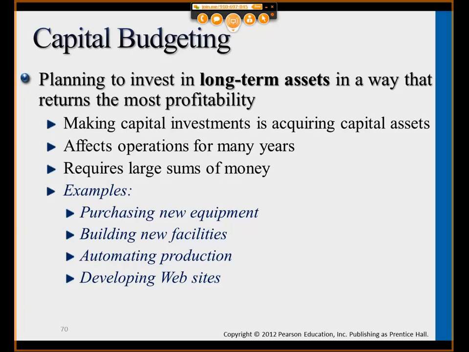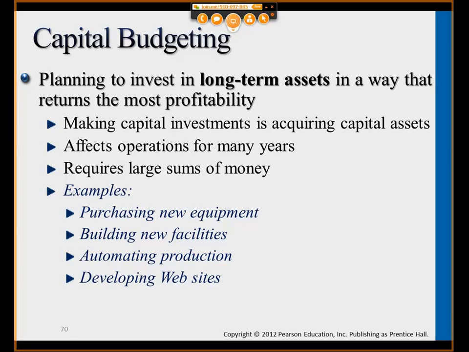So what are examples of capital investment? Usually buying new equipment or building new plants, right? Some production automation, if it's something grand, right? And developing major commercial websites is another example.